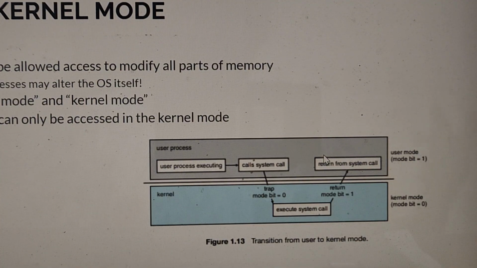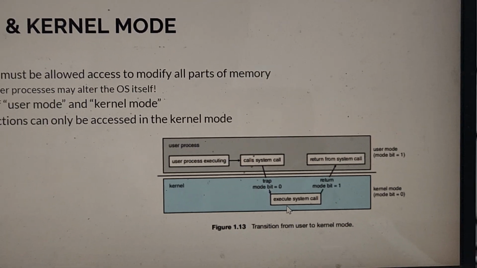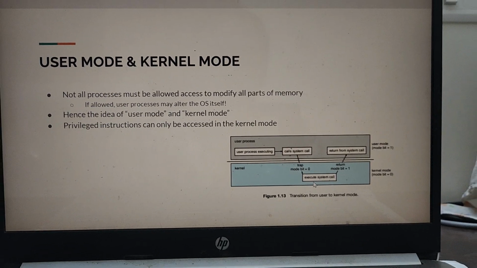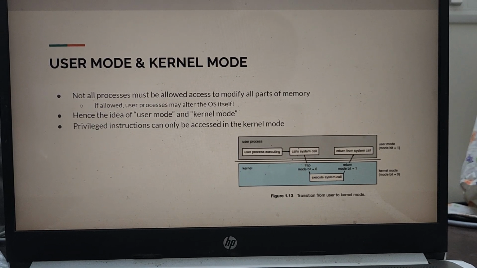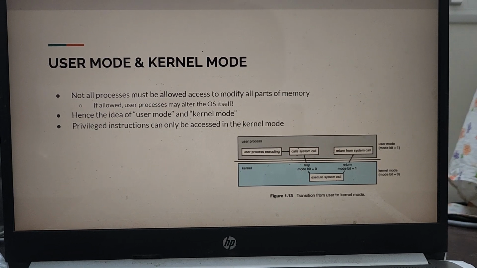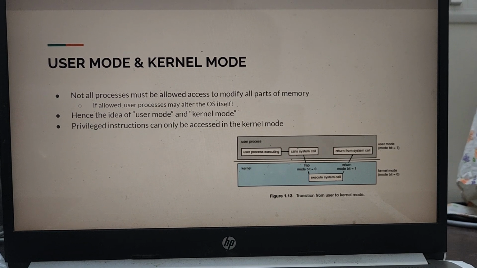So execution happens in the user mode. So this process which is running right now cannot alter any critical information. But the allocation happens in the kernel mode because that is a privileged or a critical instruction, and that should have access even to your sensitive areas of memory. So that is the user mode and kernel mode. So those are two modes of the operating system.